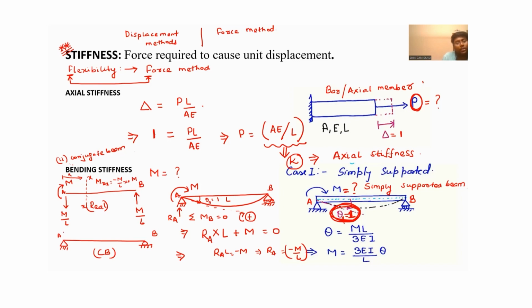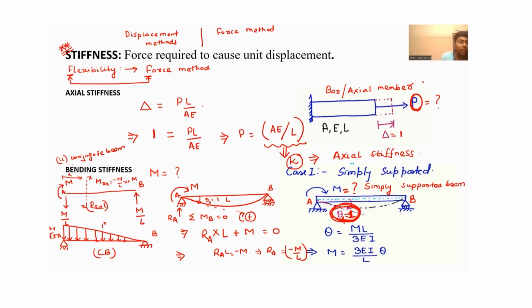At x equal to 0, it is M. At x equal to L, it is 0. So it is a first degree, linear curve, and this will be M by EI here and 0. So the M by EI diagram of the real beam will be the loading condition for the conjugate beam.